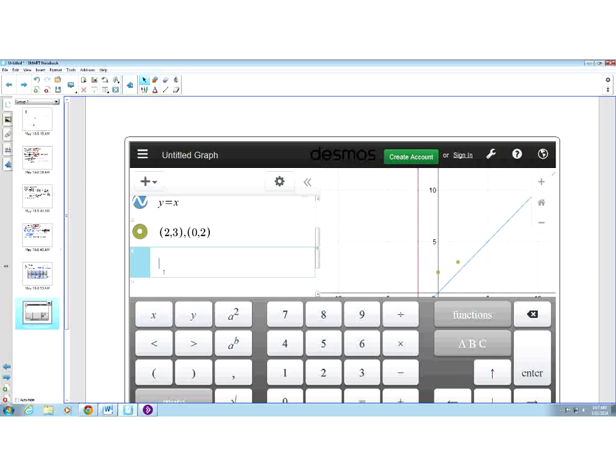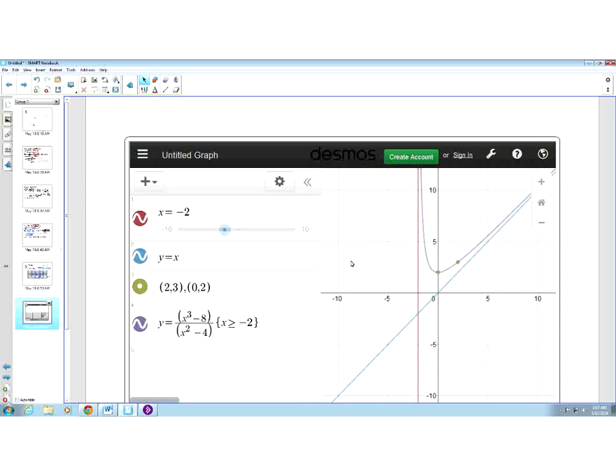Let's say y is equal to (x cubed minus 8) divided by (x squared minus 4), and x is greater than or equal to negative 2. Okay, and that's shown by this purple branch. See the purple branch right here?